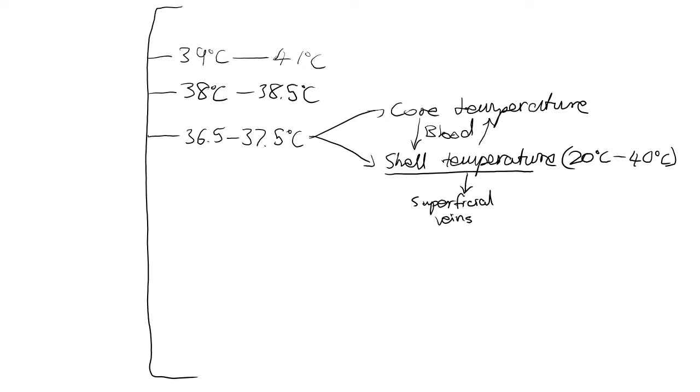But if we take this out for just this example, and we just consider an adult, 38 to 38.5 degrees is usually the fever temperature, and that occurs because bacteria aren't able to proliferate at high temperatures at the same rate as they do at lower temperatures. So the body basically tries to increase its own temperature so that bacteria die.